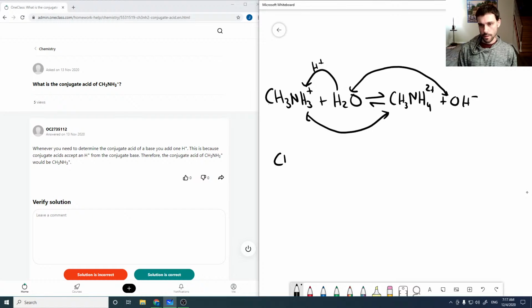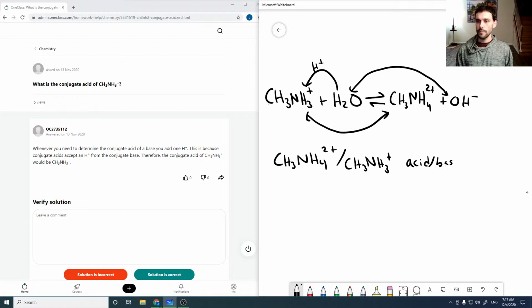So then CH3NH2 and CH3NH3 plus are acid-base pairs, and H2O and OH minus are acid-base pairs.